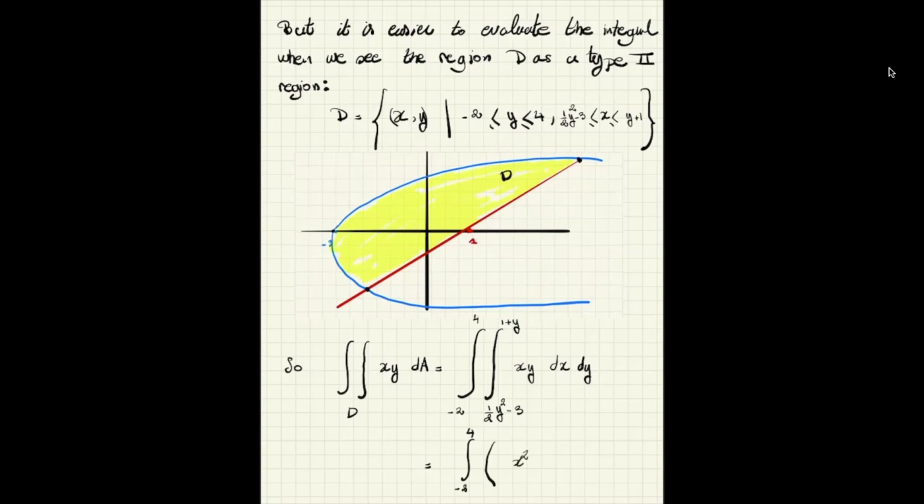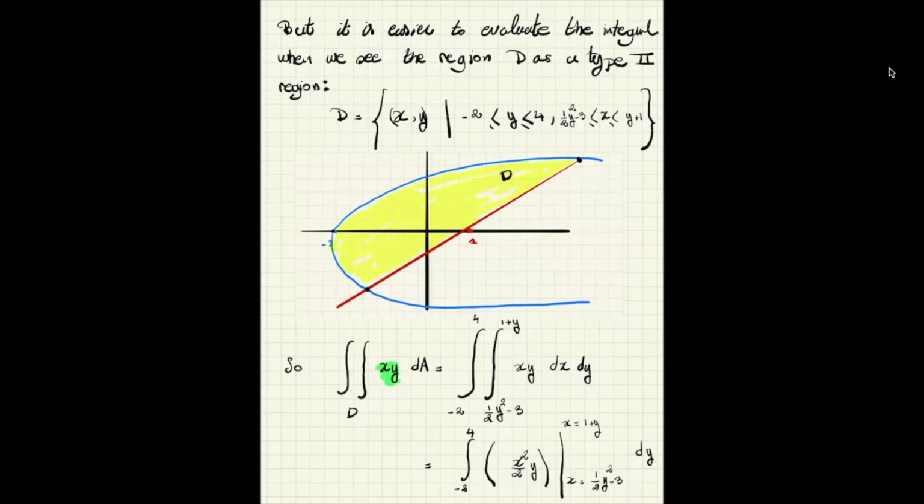So x squared over 2y between x equal to 1 plus y and x equal to 1 over 2 y squared minus 3, and then the whole thing you integrate with respect to y, right? So the question will give us the integral of this function here.